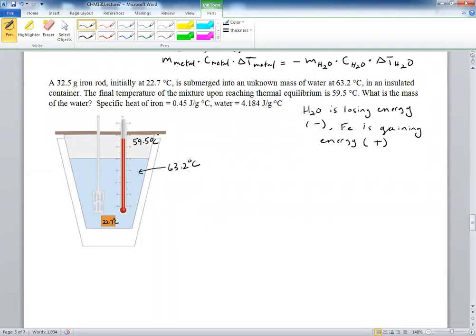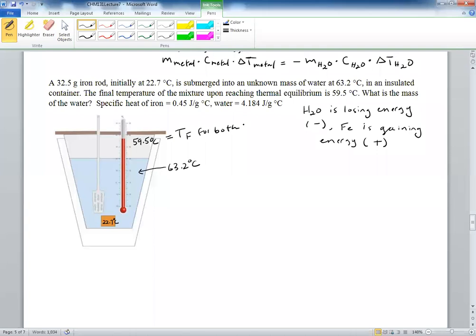Now, I'm going to make it easy for you. They reach an equilibrium. The iron gained enough heat to get to this temperature. The water lost enough heat to get to that temperature. So that's your T final for both. Keep that in mind.